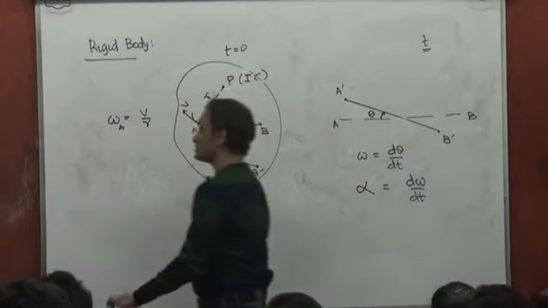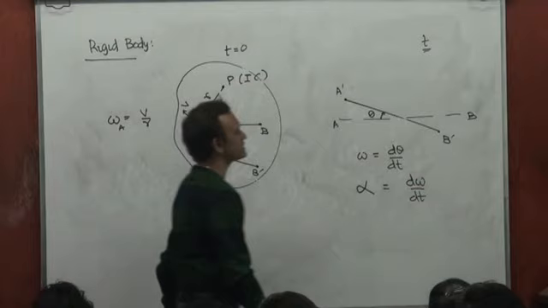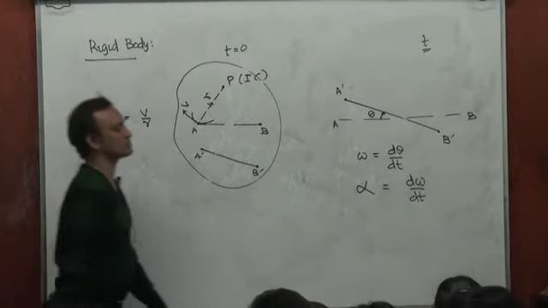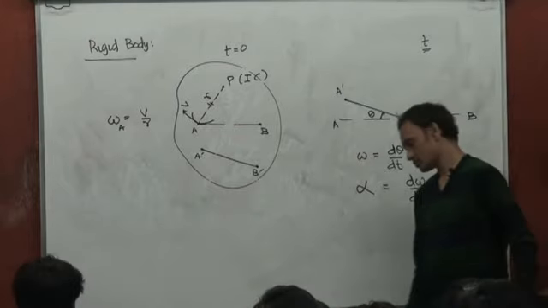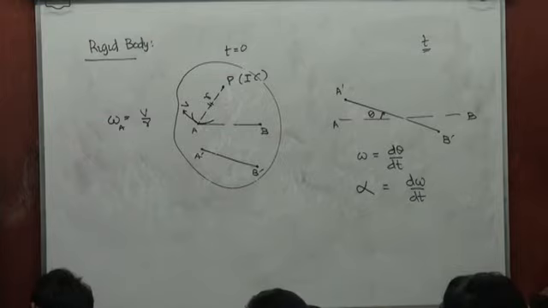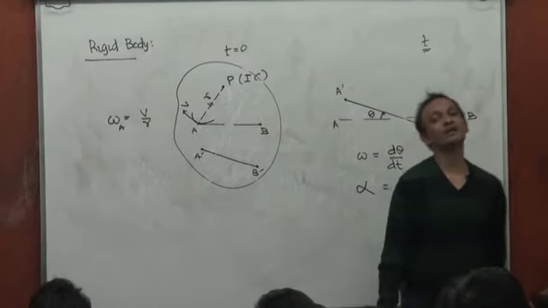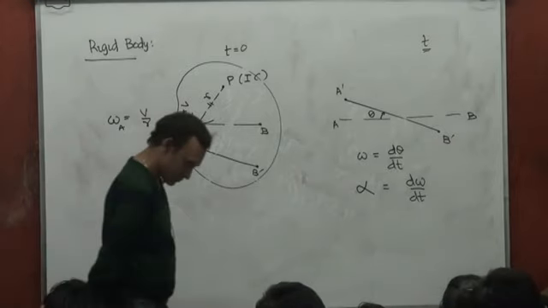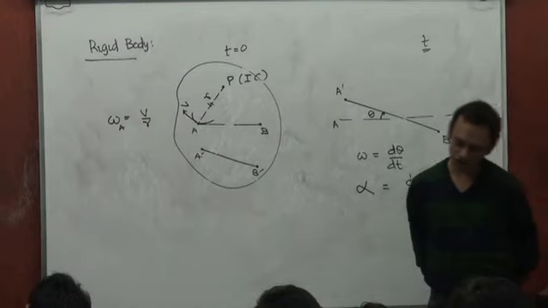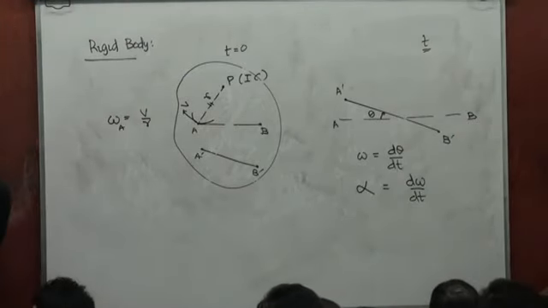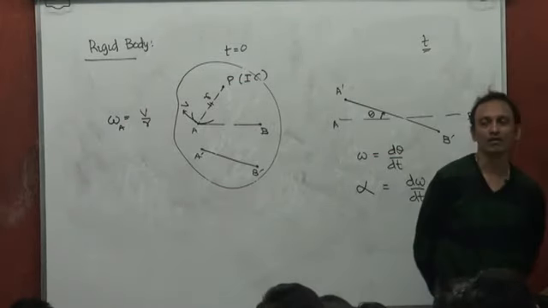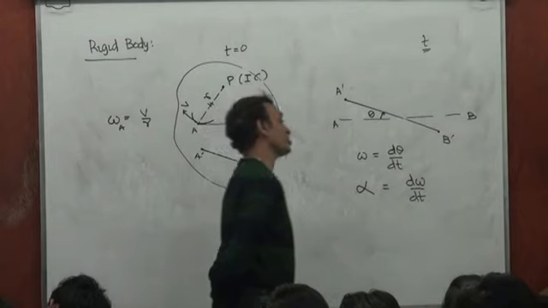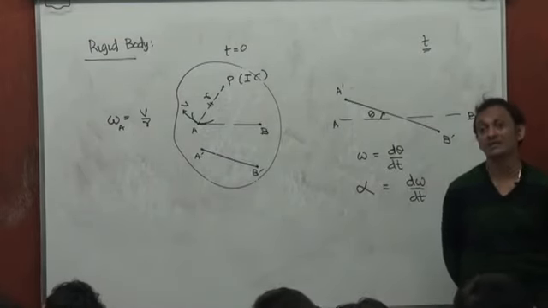Referred to the instantaneous center, all the particles constituting the rigid body could be imagined to be in a state of pure rotation, centered at the instantaneous center, and with angular velocity same as that of the rigid body.